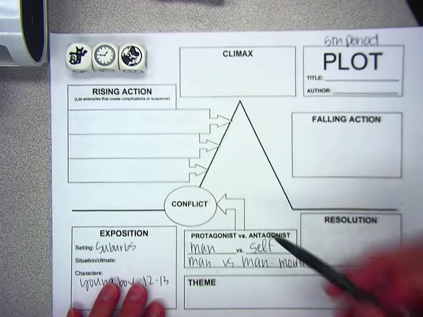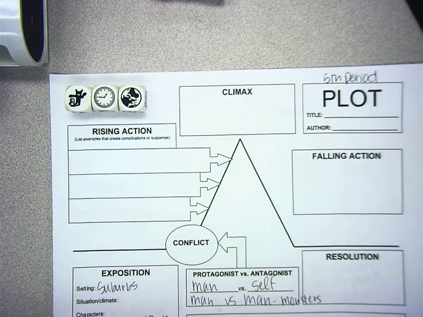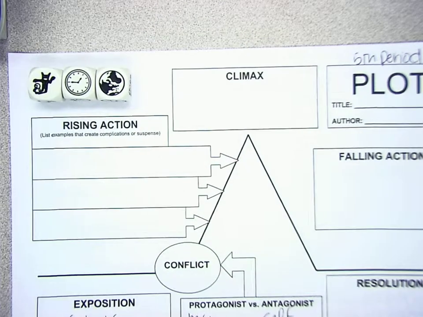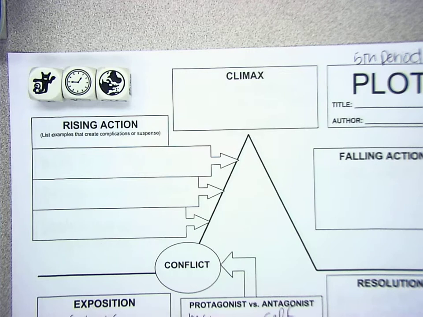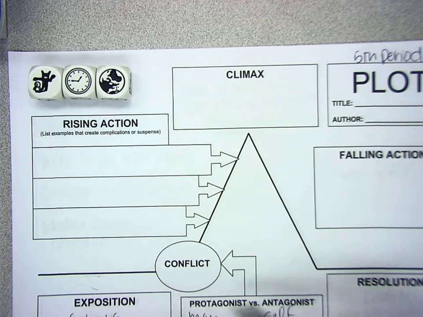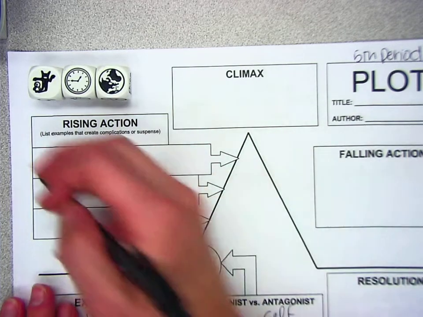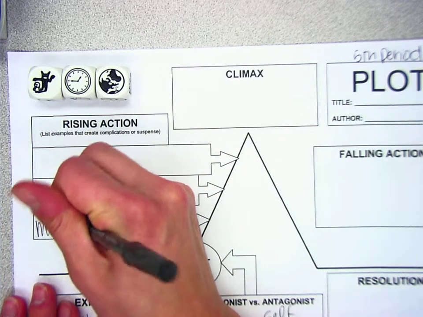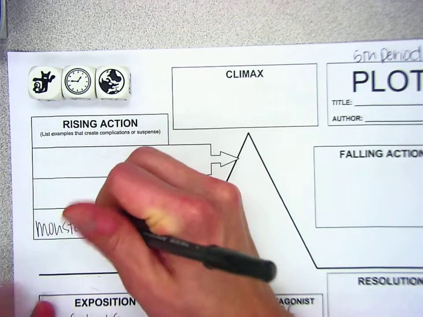Okay, so I need to move then into my rising action. And I need some things that are going to complicate this story a little bit. So I know that I'm going to introduce this boy in the setting. And then in the rising action, I think the monsters have to start arriving. Obviously.